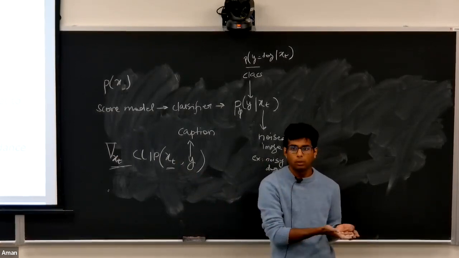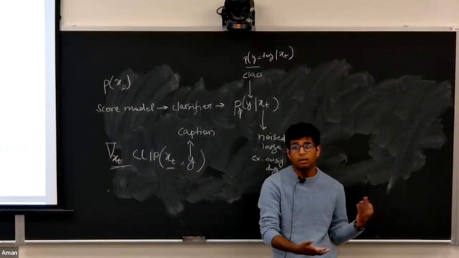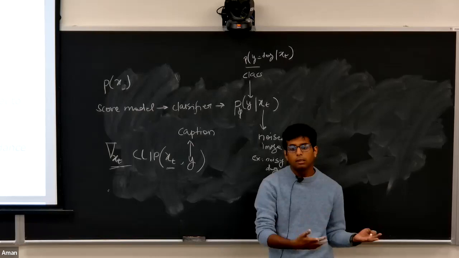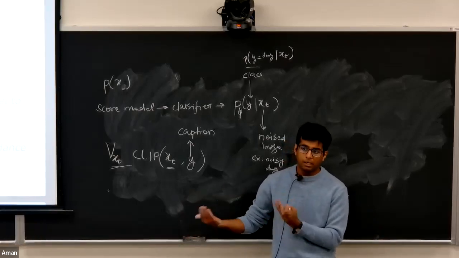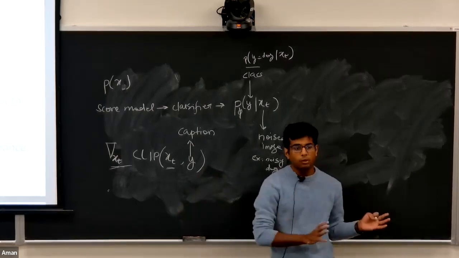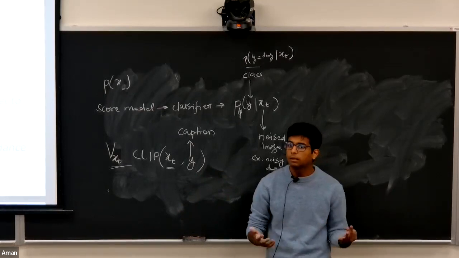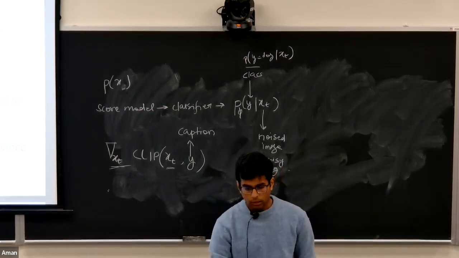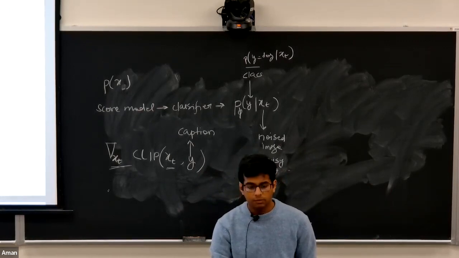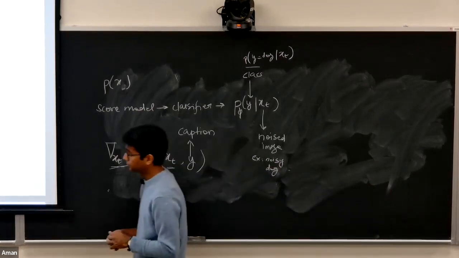You can train the diffusion model with just images, which increases the size of the data set that you can use to do that training. And then you have a separate CLIP model, which is trained with image and text pairs, and then use that CLIP model to condition this unconditional diffusion model, right? And it still works. It was one of the better models that was working before classifier free guidance came out. Okay, so now let's look at classifier free guidance.